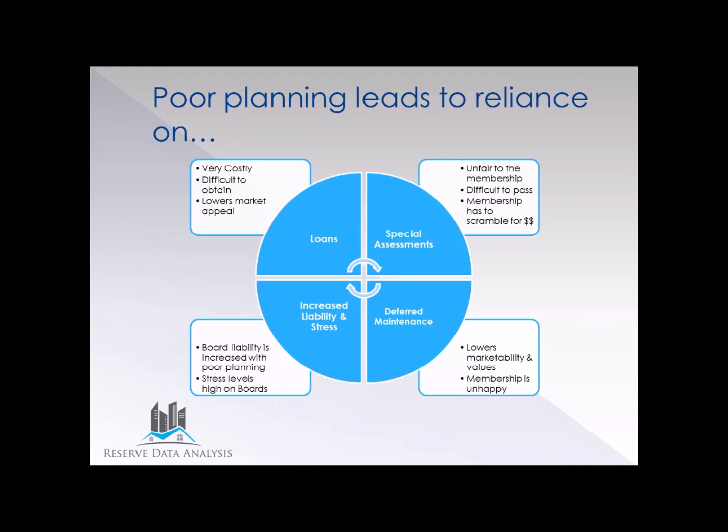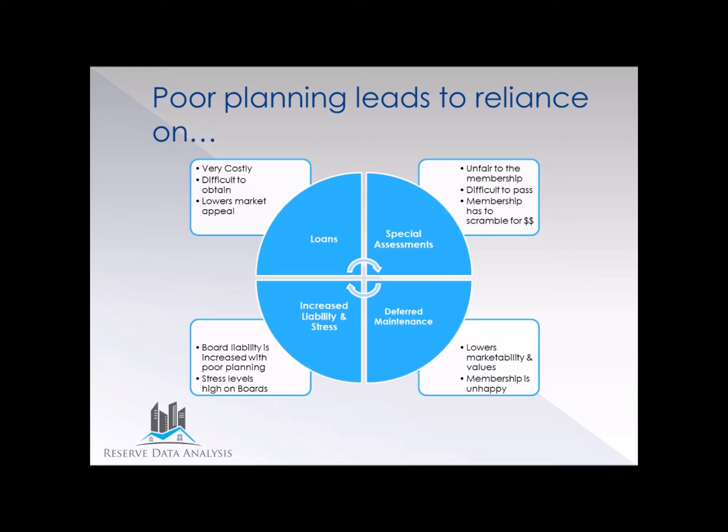It's oftentimes when you see people having to sell their condominium units just to get out of it because they don't have enough equity in it to get a loan. They have to sell it in order to pay for that, and then unfortunately they're now having to find a new place of residence.